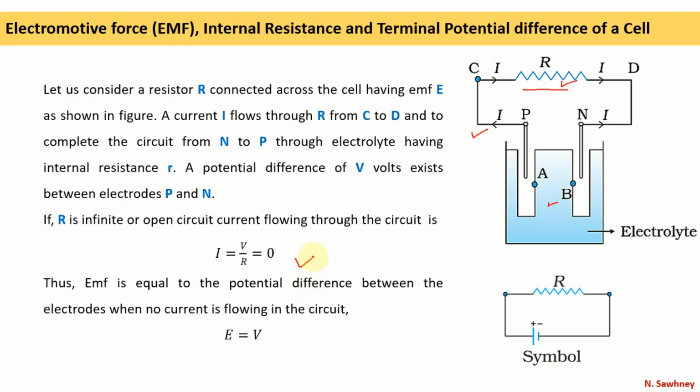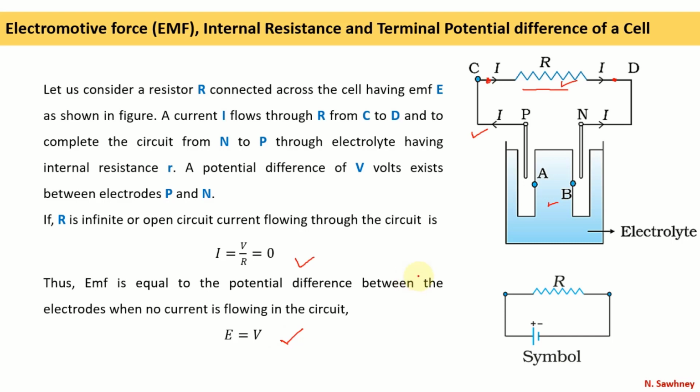See here, this terminal is open circuited. From here there is no resistance. So if it is open circuit, the current flowing through the circuit is 0. Thus EMF will be equal to the potential difference between the electrodes when no current is flowing in the circuit. That is, EMF will be equal to the potential difference V.